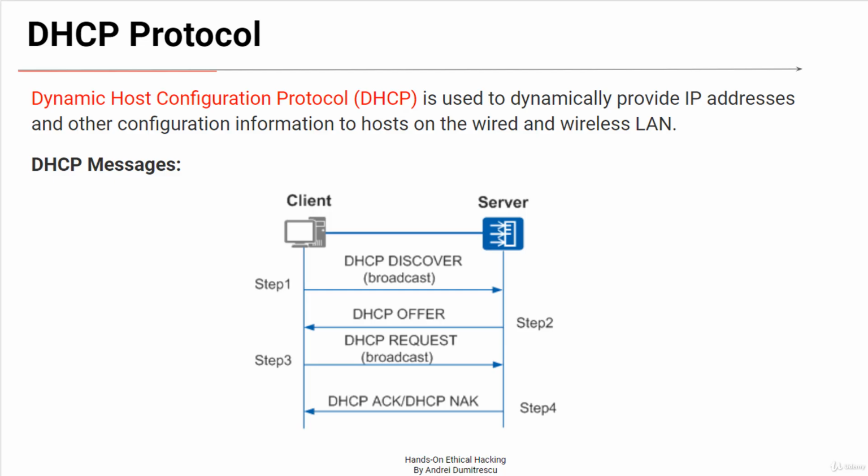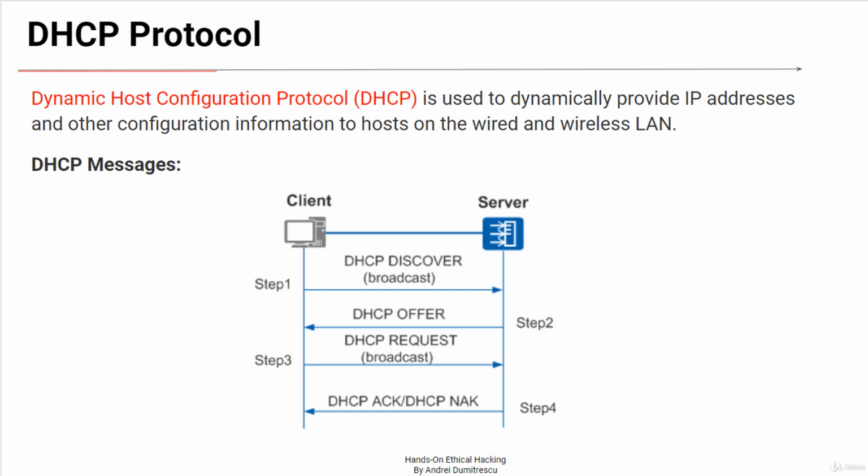For the end user, DHCP works behind the scenes. Let's see in a nutshell how it really works. The admin sets up the DHCP server and creates pools of addresses available for assignment to the clients, wired or wireless.